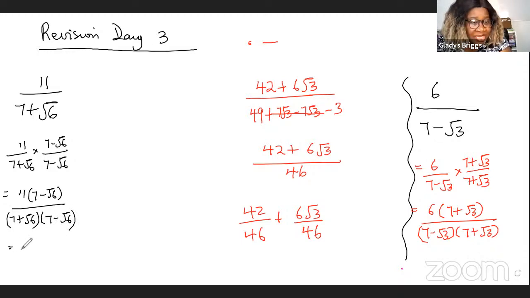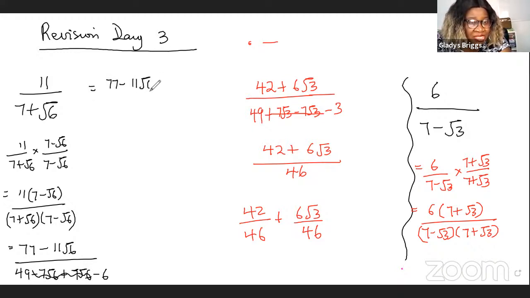This would be 77 minus 11 root 6 over 7 times 7 is 49 minus 7 root 6 plus 7 root 6 minus 6. Those two guys will cancel out each other, and you would have 77 minus 11 root 6 over 43. Let me see.